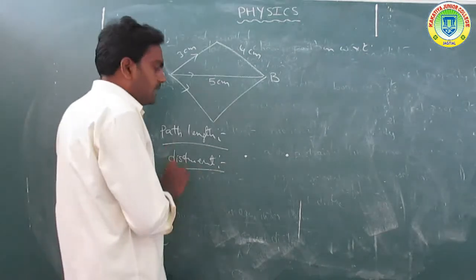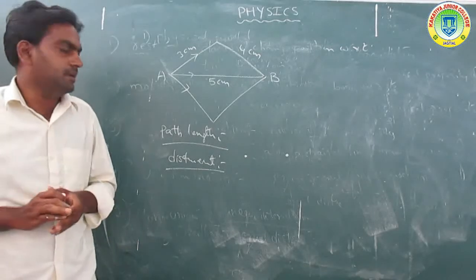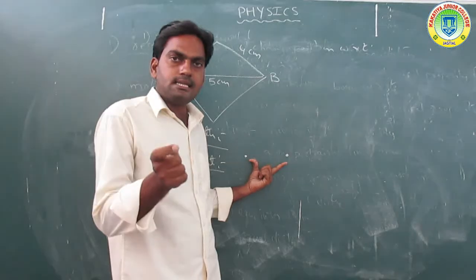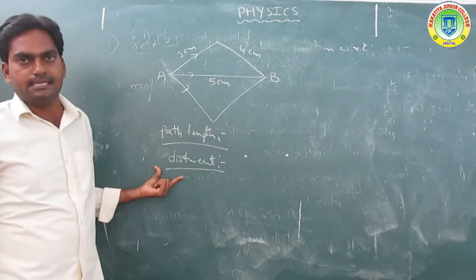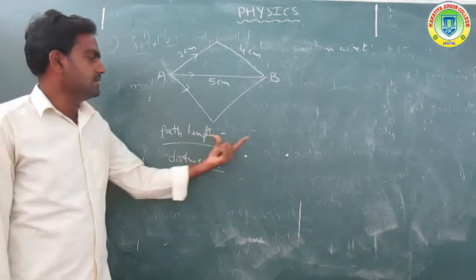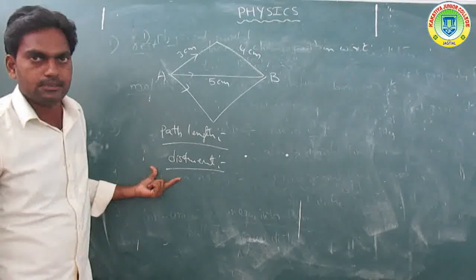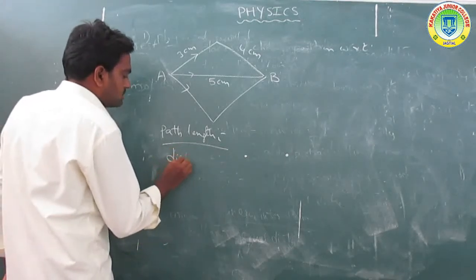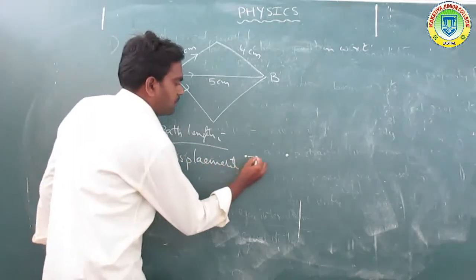That is called displacement. Simple statement: the shortest distance between the 2 points is called displacement. Clear that? Displacement is nothing but the shortest distance between the 2 points.